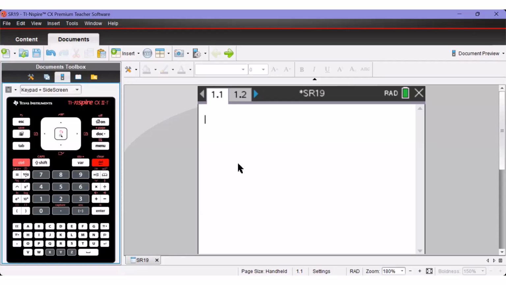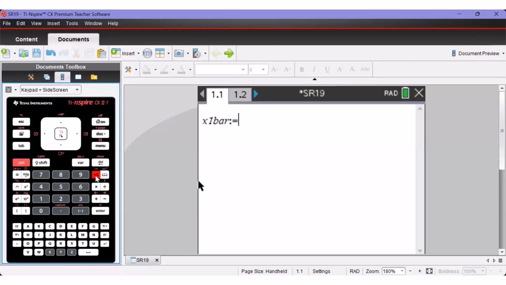So what we're going to do is type in X1 bar, and we're going to assign that by pressing Control symbols template.